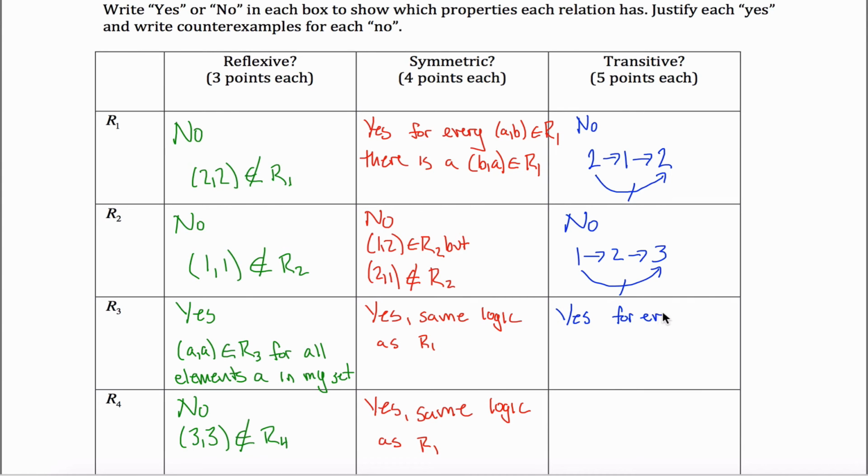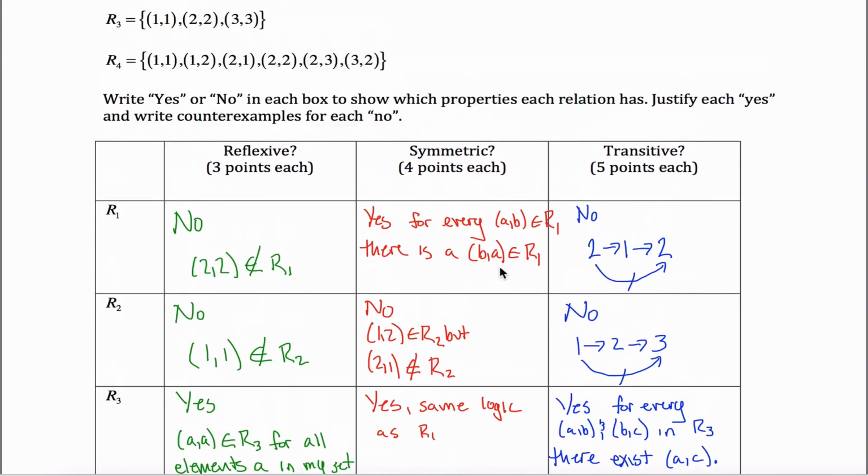For every A, B and B, C in R3, there exists A, C. You probably won't use this exact language, but that's the idea.